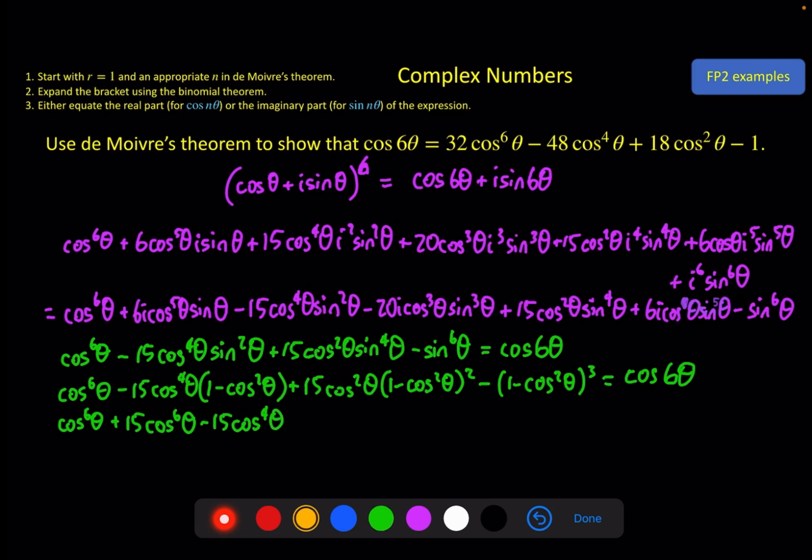This bracket here gives me 1 minus 2 cos squared theta plus cos power 4 theta. So expanding that with the 15 cos squared gives us 15 cos power 6 theta minus 30 cos power 4 theta plus 15 cos squared theta, and this one is this bracket times by this expression.